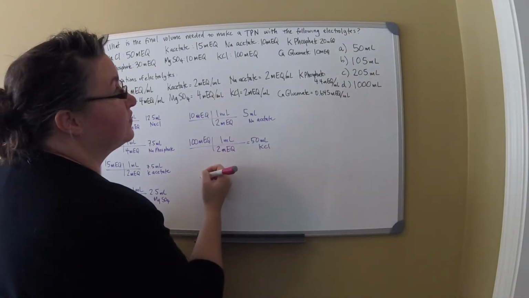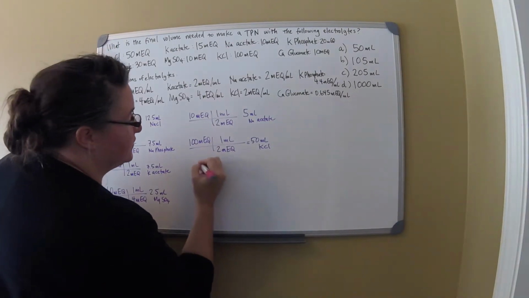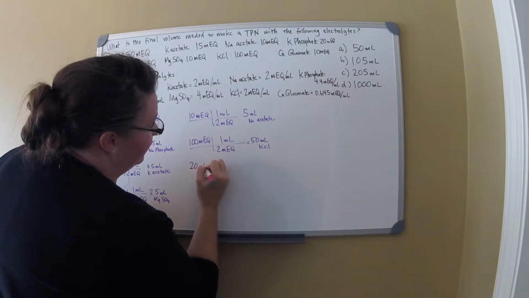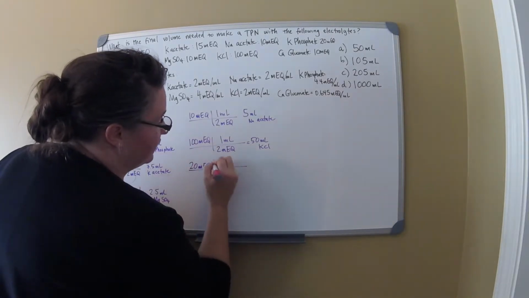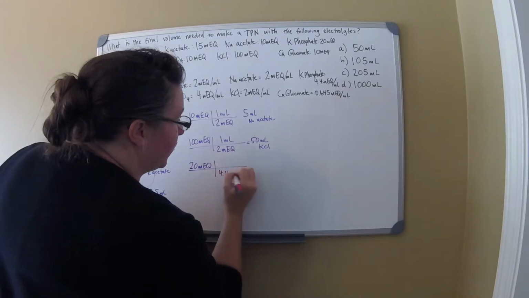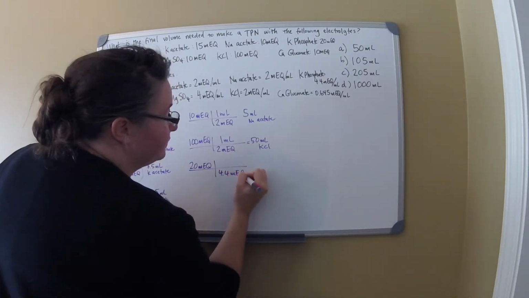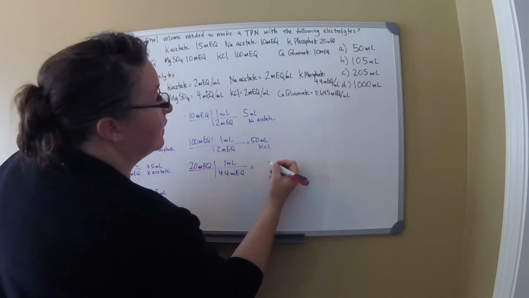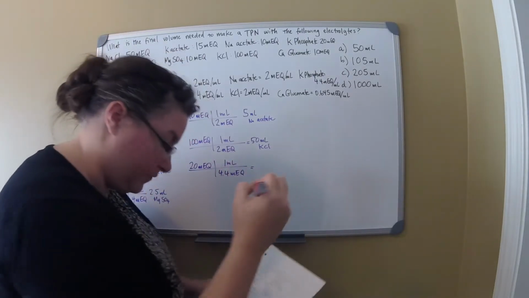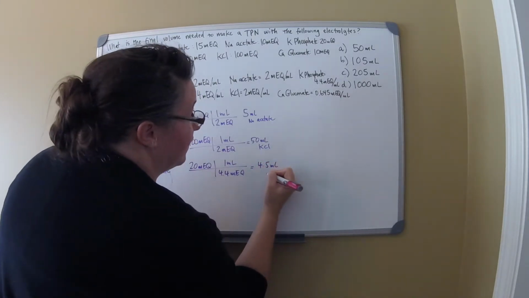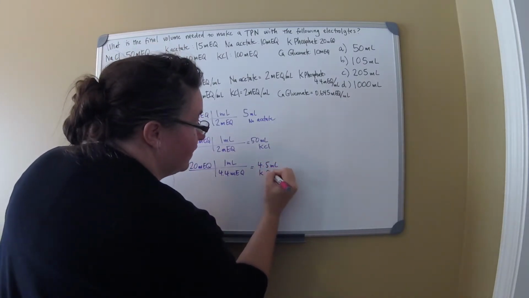All right, the next electrolyte is potassium phosphate. From the problem up here, it shows that we have 20 milliequivalents that are needed of that electrolyte. And the conversion here is 4.4 milliequivalents per 1 mL. And so that gives us 4.5 milliliters of potassium phosphate.